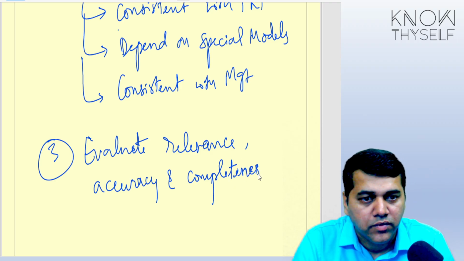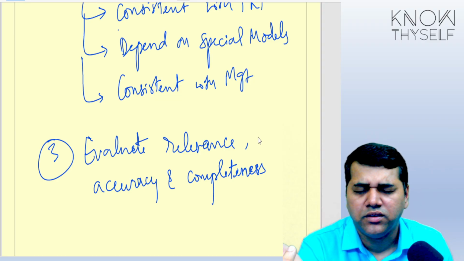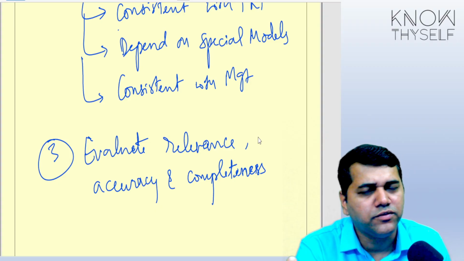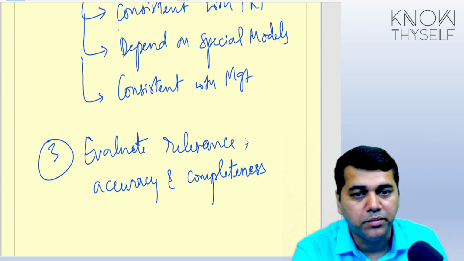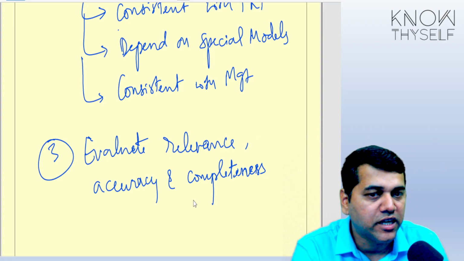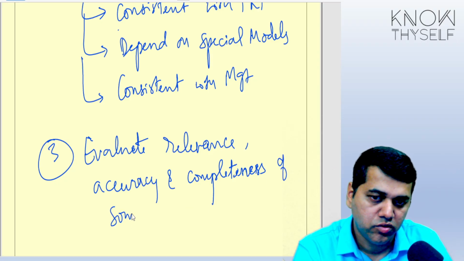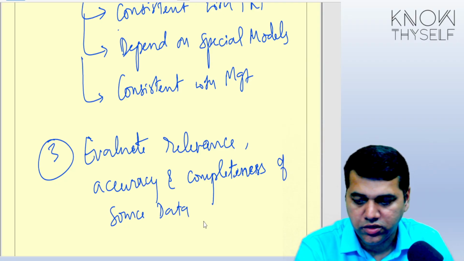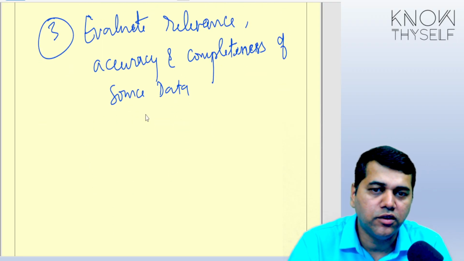Your assumptions and methods, we can say whether they are reasonable, your findings can be reasonable, but your data also has to be accurate and complete, the relevance of source data. Okay, how do you evaluate now?